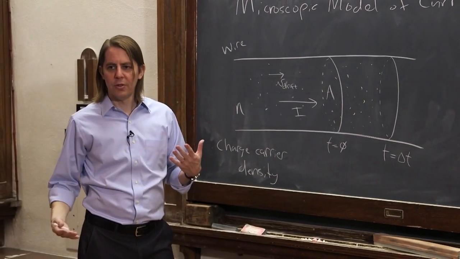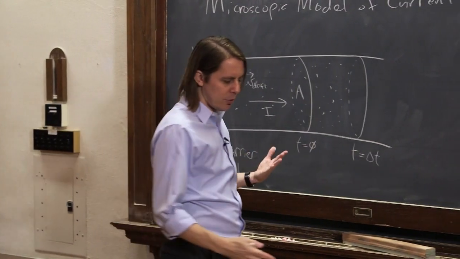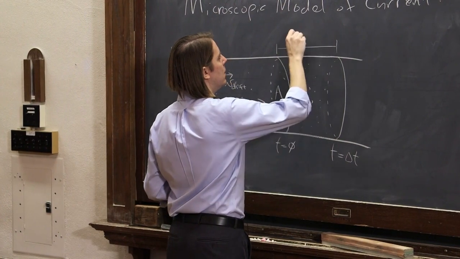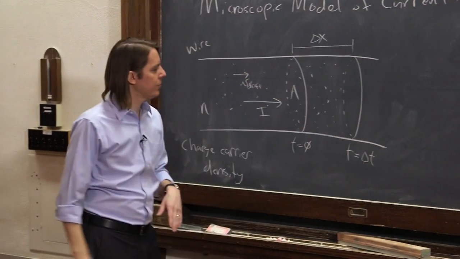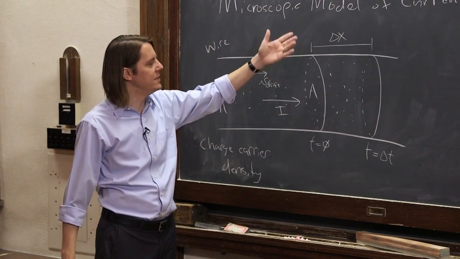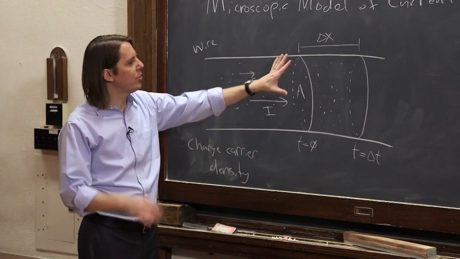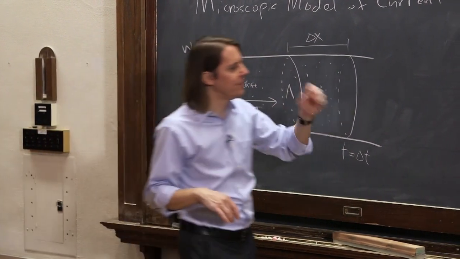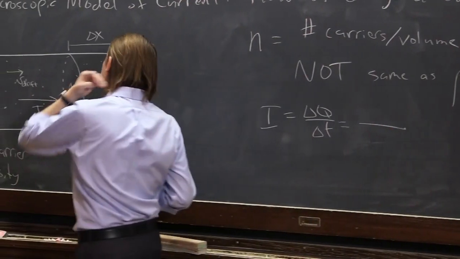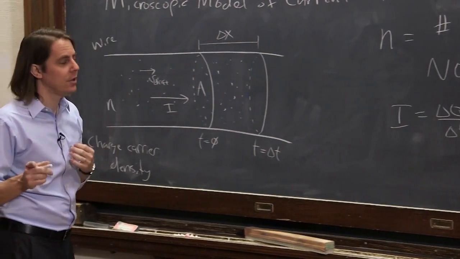Well, if we know their velocity, then we also know how far they're going to go. They're going to go a distance delta x. And since we know their velocity, we could get the relationship as v equals delta x over delta t. Okay? So now we're equipped to plug in for delta q and delta t. So the amount of charge is what?